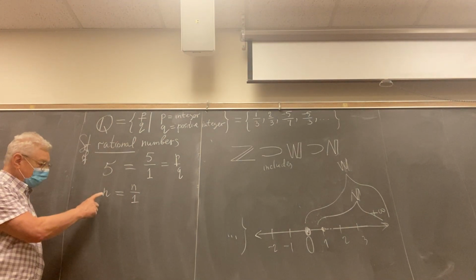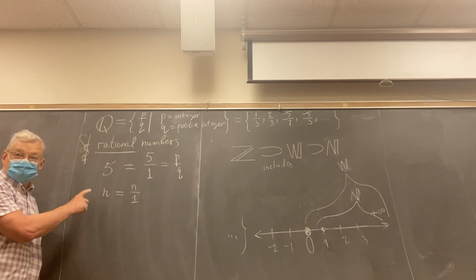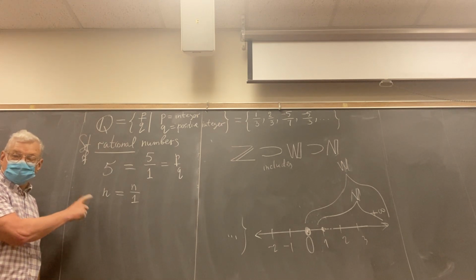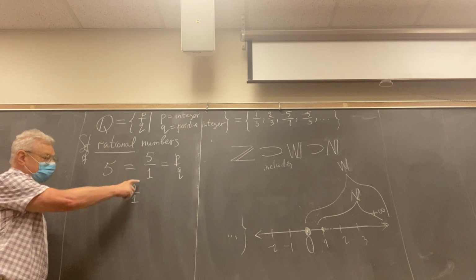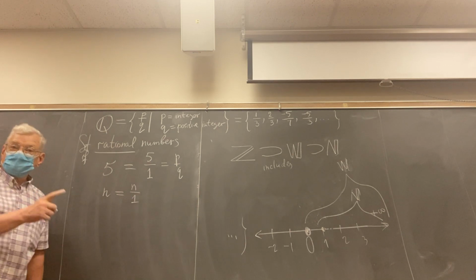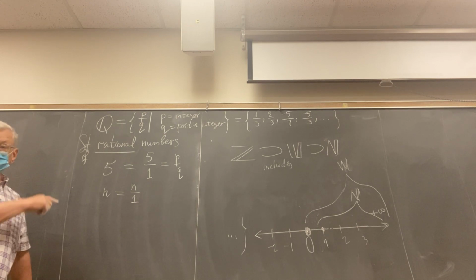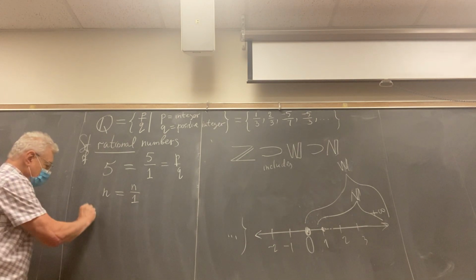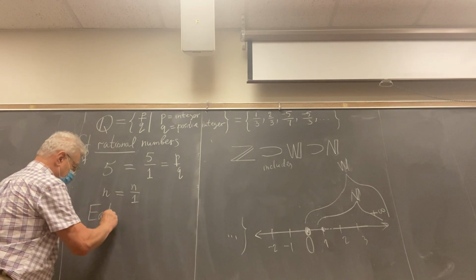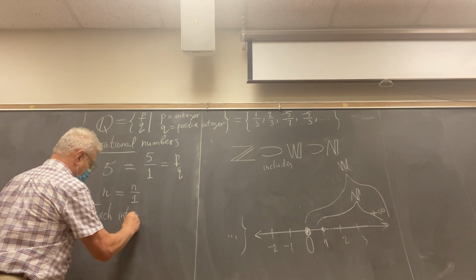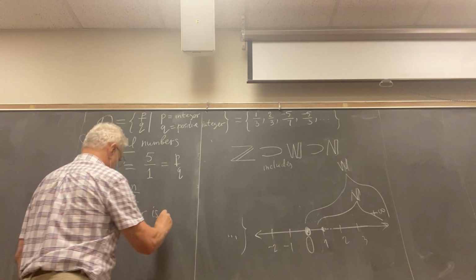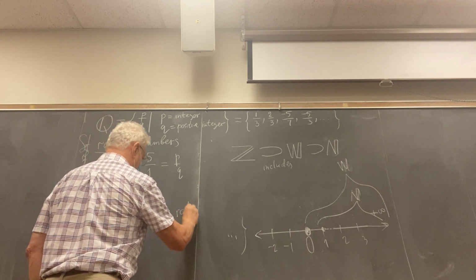So therefore, n is a natural number, right, or integer, but also it's a fraction. So therefore, each integer is an element of rational numbers. So each integer is a rational number.